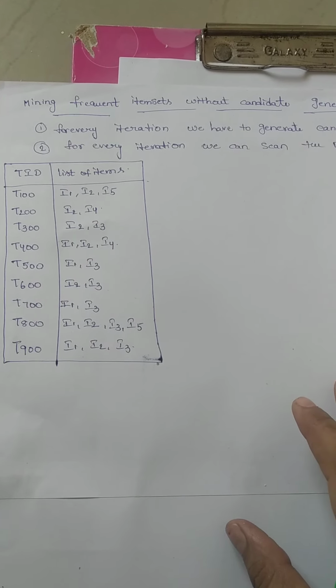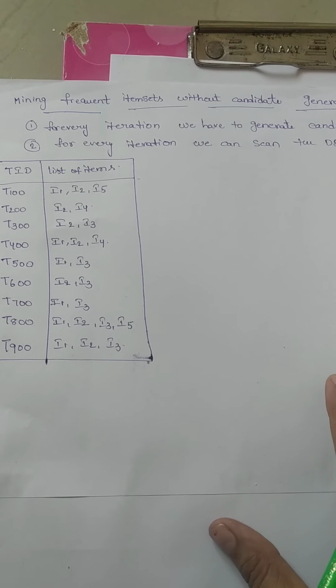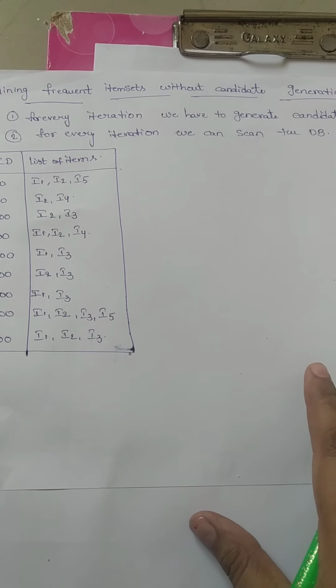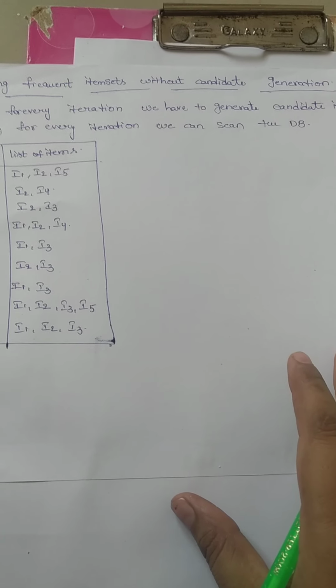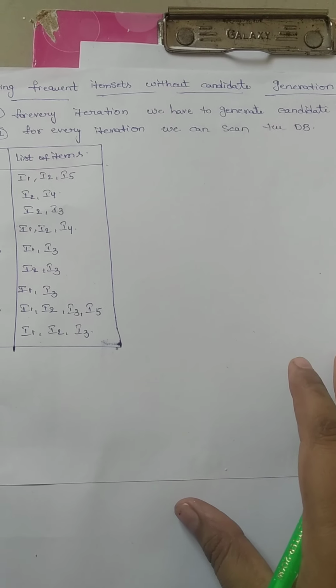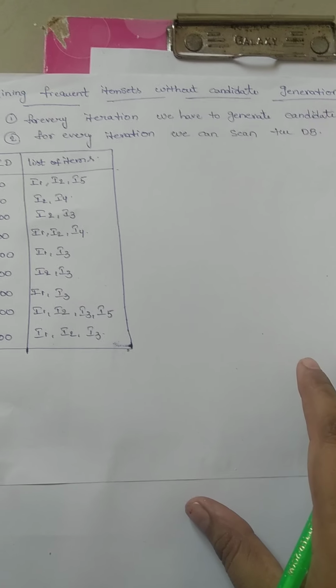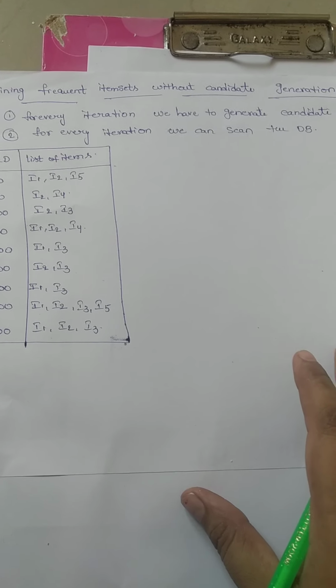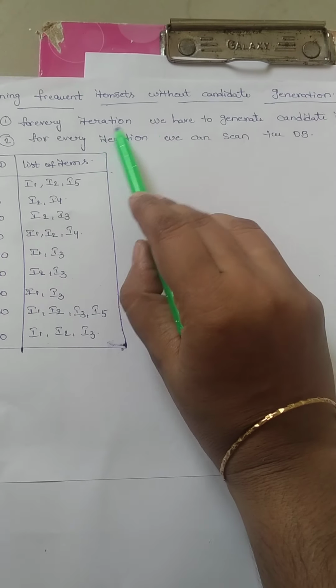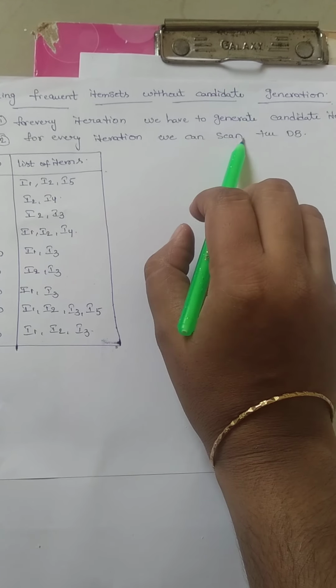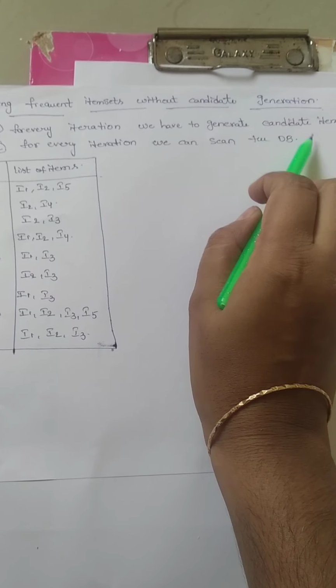Good morning students. In the third unit there is another topic: mining frequent item sets without candidate generation. We have already discussed the Apriori algorithm problem. In the Apriori algorithm there are two drawbacks. For every iteration we have to generate the candidate item sets.